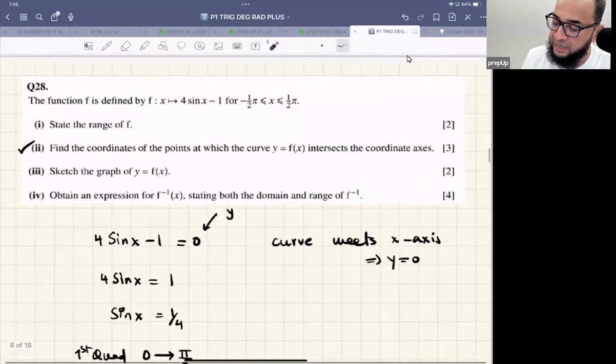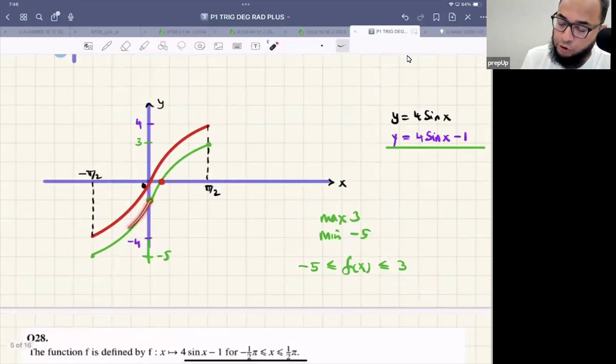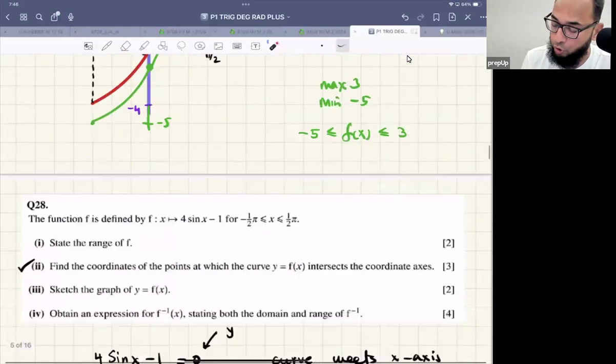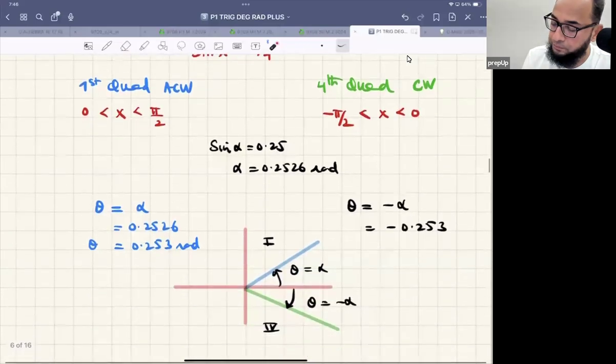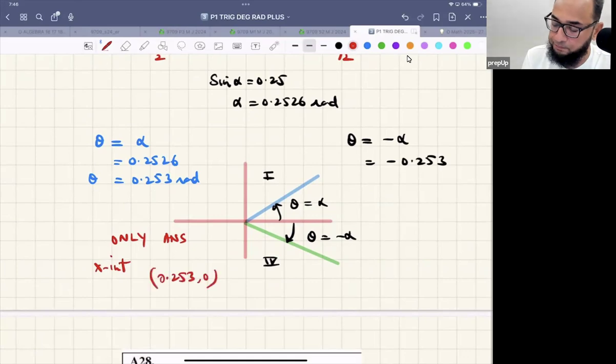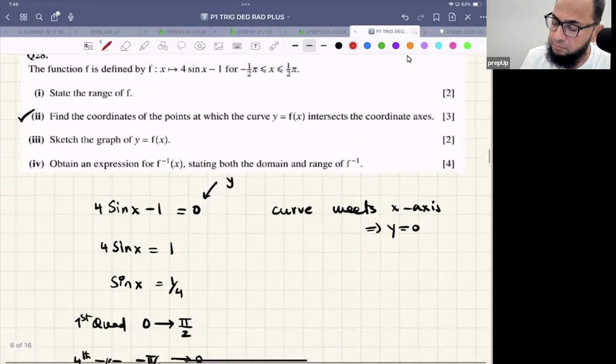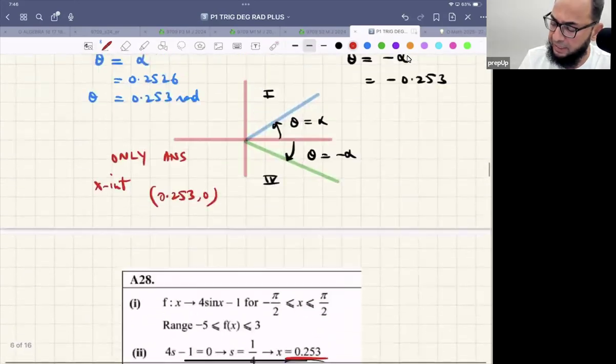If you were solving an equation, yes, you would be able to do it. But because of the shift, it's not touching the coordinate axes anymore. So the only answer that we write over here, the x-intercept, is 0.253, 0.